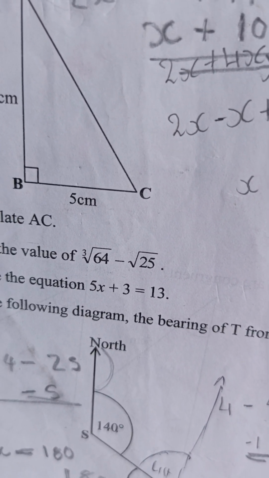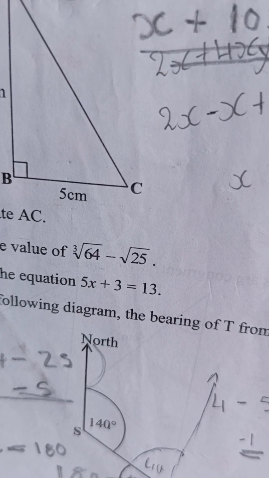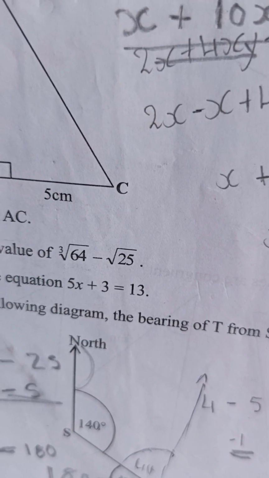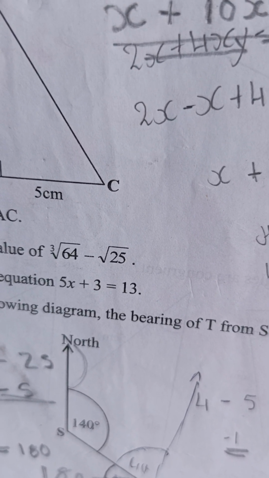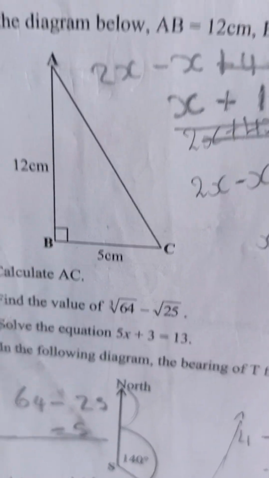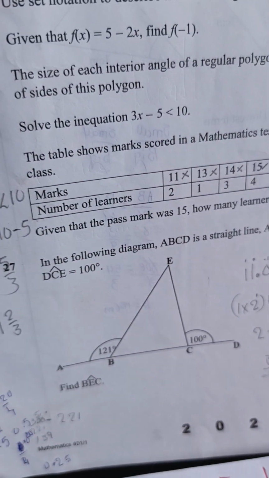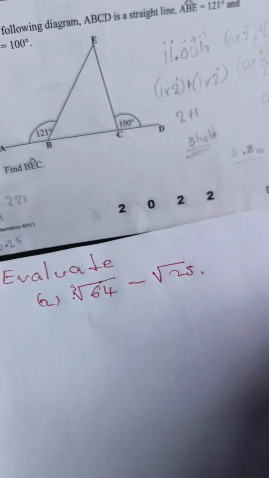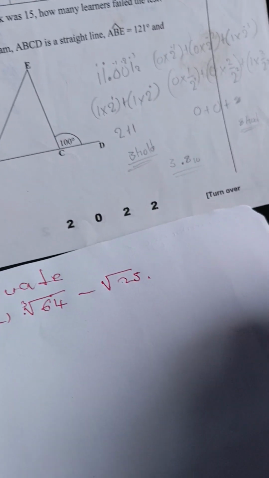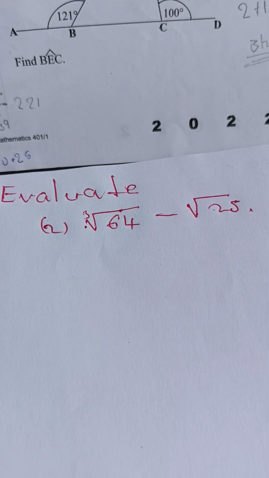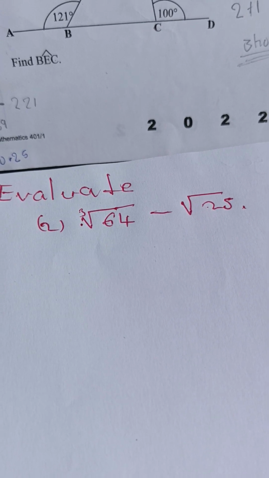You have seen they have brought back 64, cube root, minus the square root of 25. So when you look at our equation, find the cube root of 64 and the square root of 25.